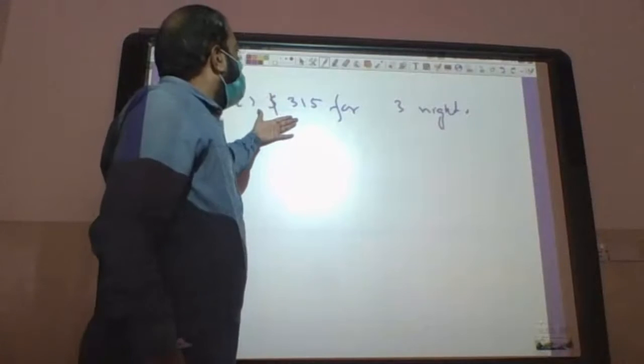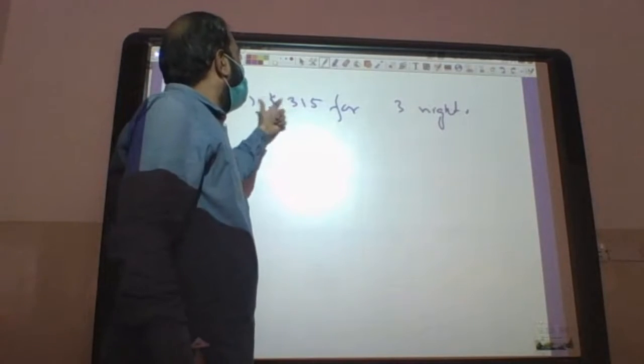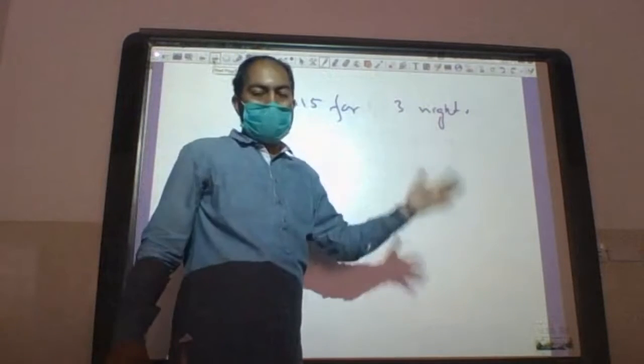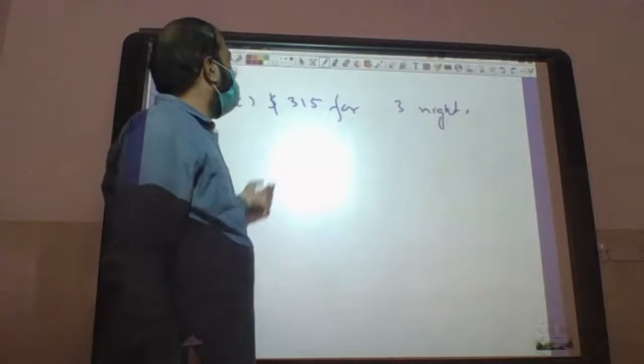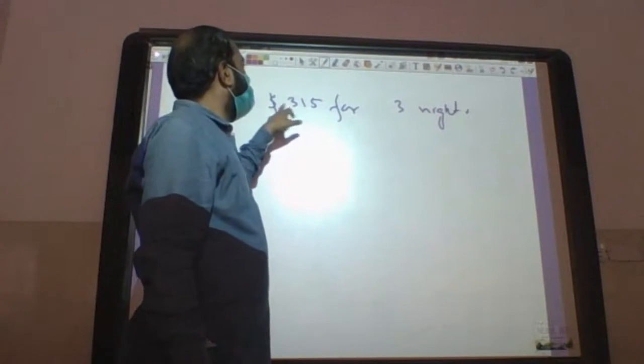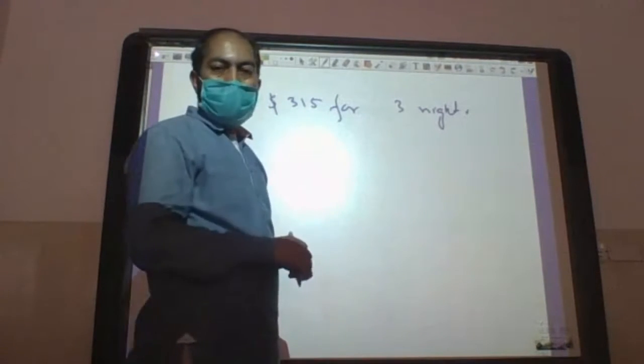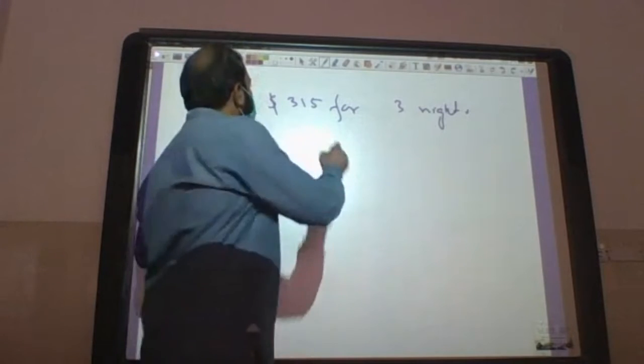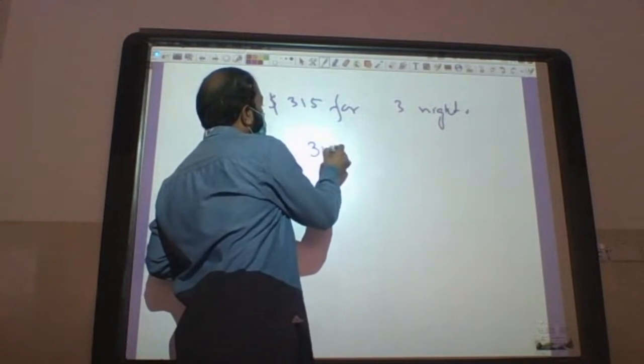Okay. This is $315 for 3 nights. In a hotel or somewhere you spend it, you have given $315 for 3 nights. So how can we find the rate for 1 day? I will divide by 3.